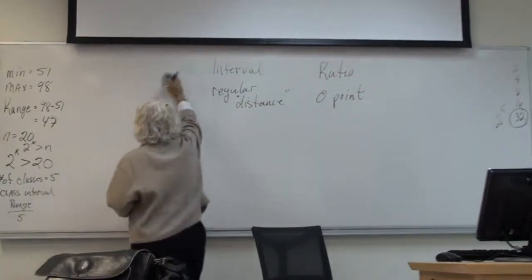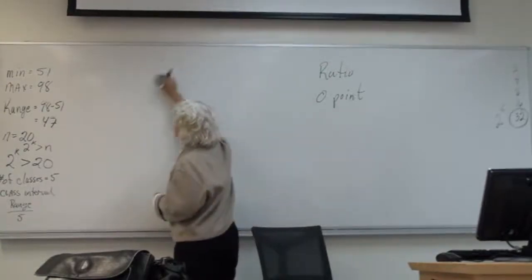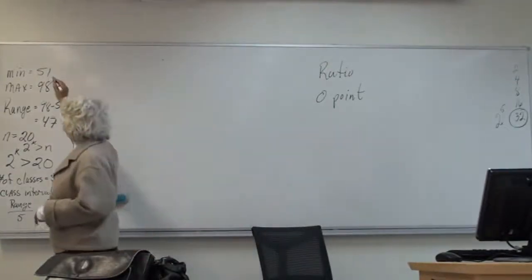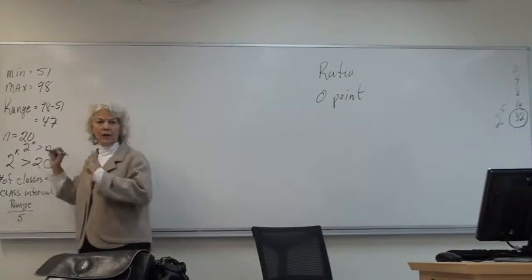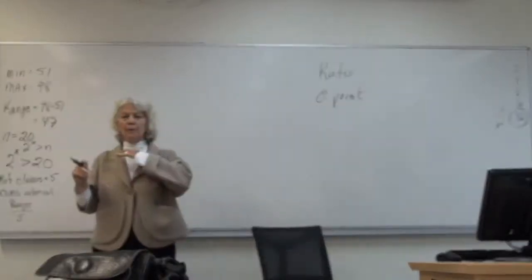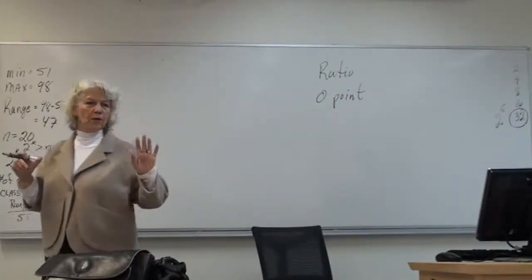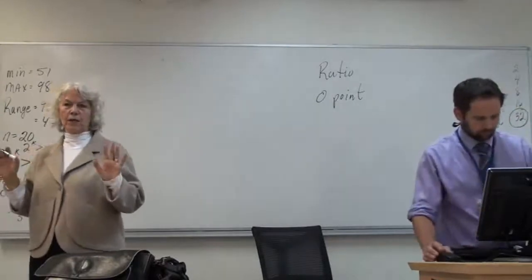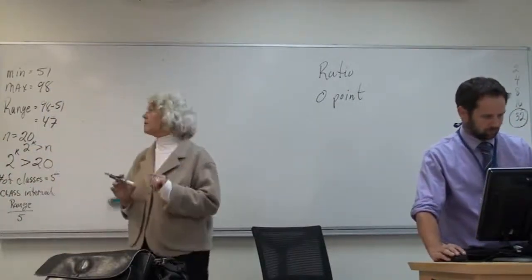Okay, so when you have any set of data, you're going to write min, max, range, and n right off the top, no matter what we're doing. Hypothesis testing, whether we're going to do graphing, whether we're going to do central tendencies, it doesn't matter.